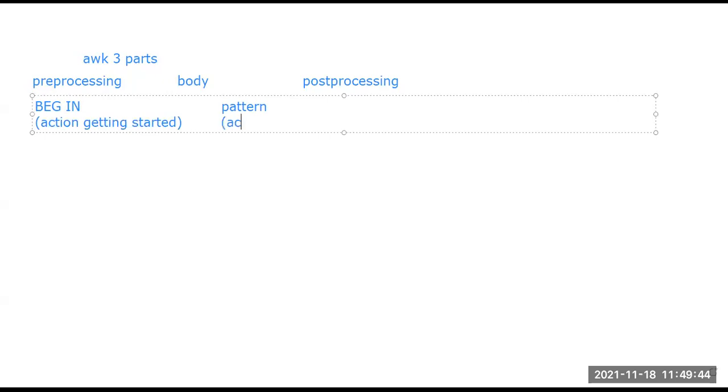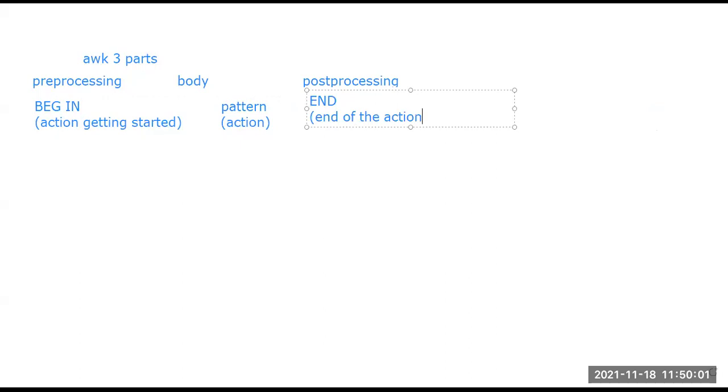So the body part is for the pattern and action, and post-processing goes with the END, the end of the action. So these are the three basic major parts in AWK: pre-processing, body, and post-processing. Pre-processing is the beginning of the action, post-processing is the end of the action, and in between, the body matches the pattern and takes the action on that particular part.